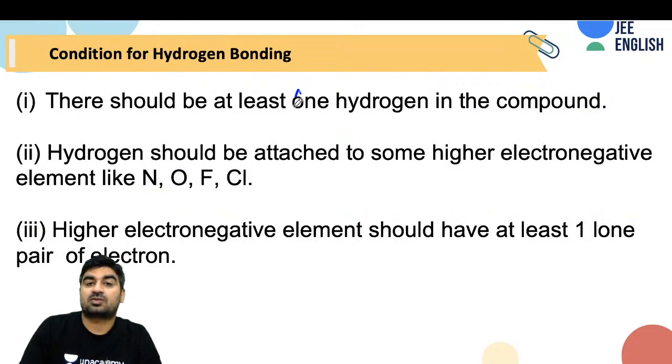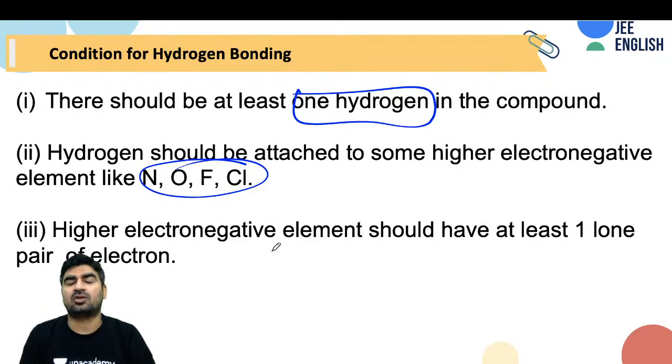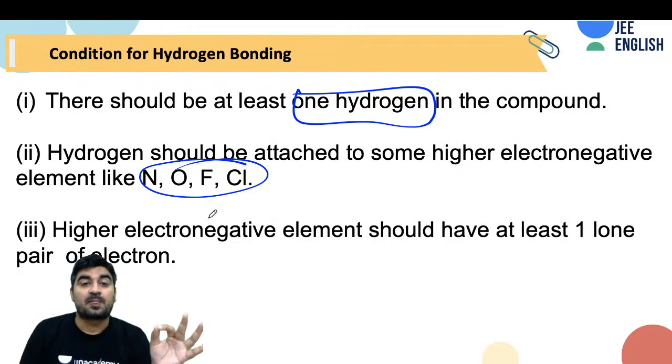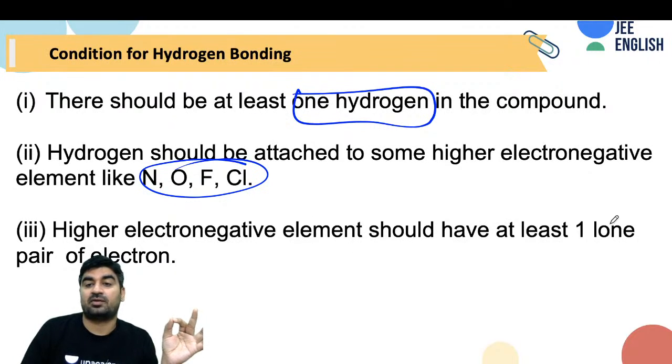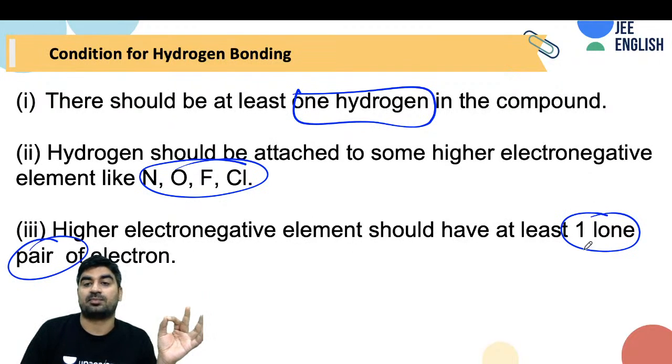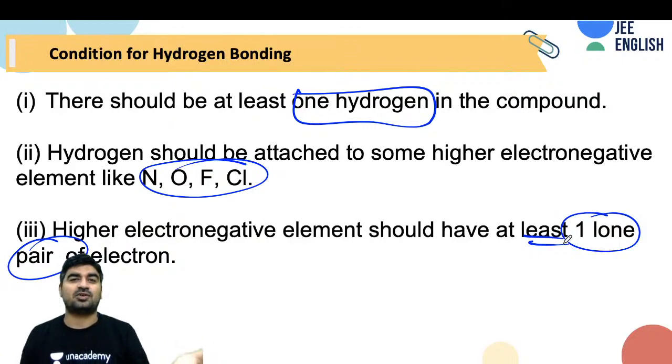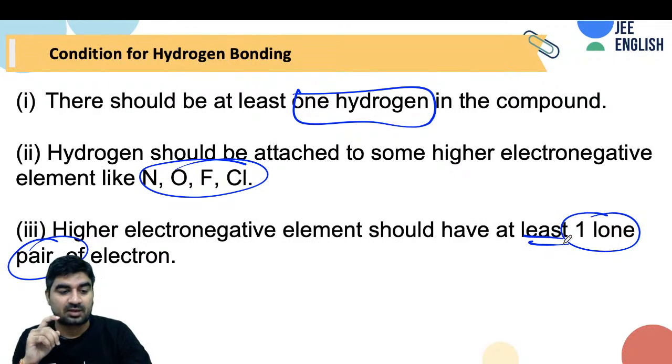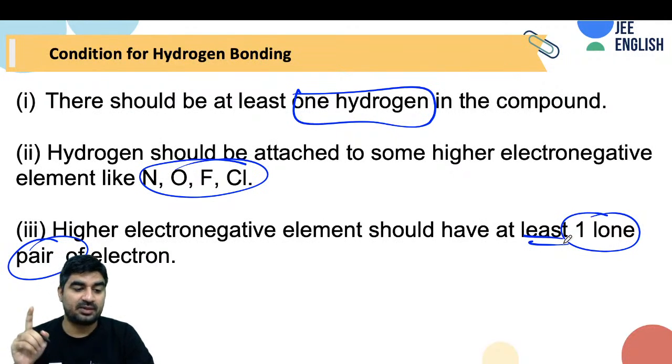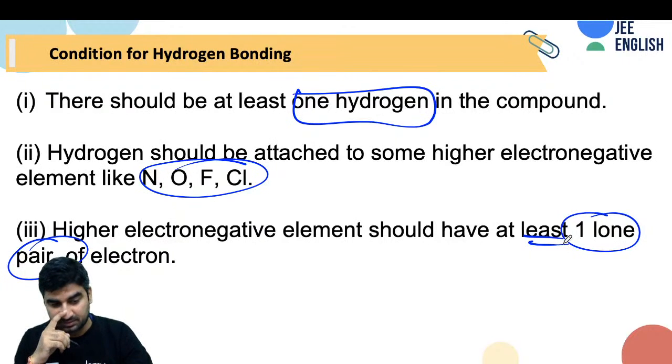There should be at least one hydrogen atom, that hydrogen should be connected to one of these, and then the highly electronegative element should have at least one lone pair. If there is more than one lone pair, that is good, but there should be at least one lone pair of electrons. Got it?